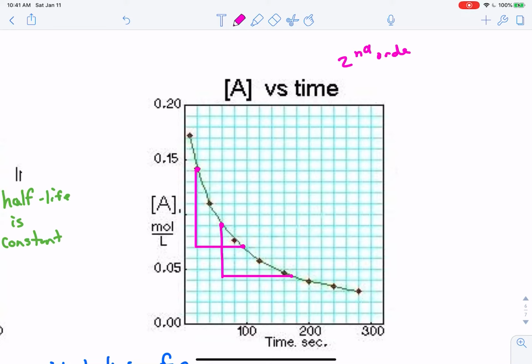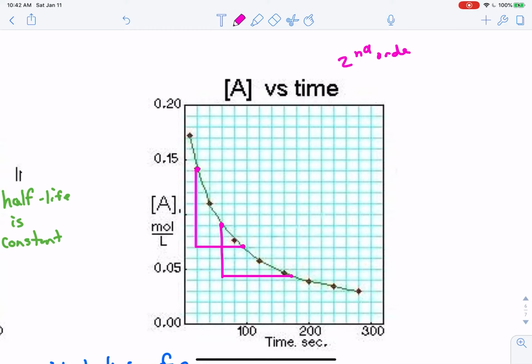You can just show by any two halves. So pick any 2 points that are half of each other and see how long it takes. And so for second order here, going from 0.14 to 0.07 takes you, let's see, 20, 40, 60, about 90 seconds. But going from 0.09 to 0.045 takes you 20, 40, 60, 80, 100, 110 seconds.